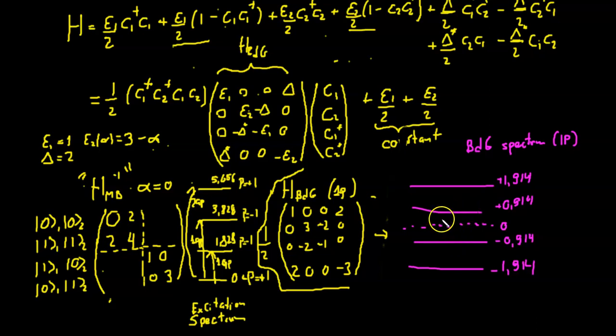So for instance, if I populate this guy and this one, what's the total energy? Is this 0.914 positive that I have? And this also 0.914 that I have to go from my vacuum to this level, right? To create a particle here, I need to spend this amount of energy.